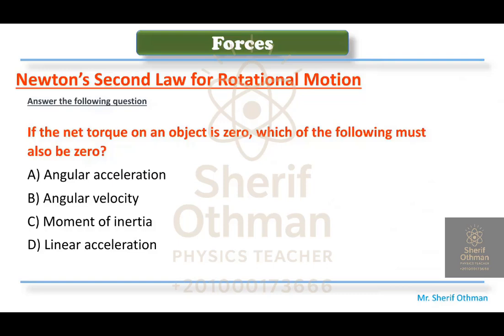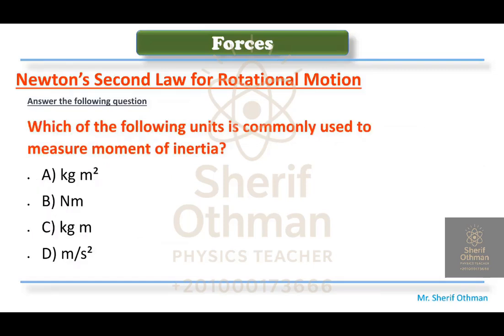The net torque on an object is zero. Which of the following must also equal zero? Angular acceleration. Which of the following units is commonly used to measure moment of inertia? Kilogram meter squared.